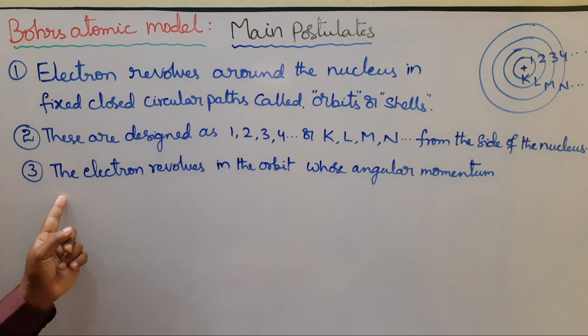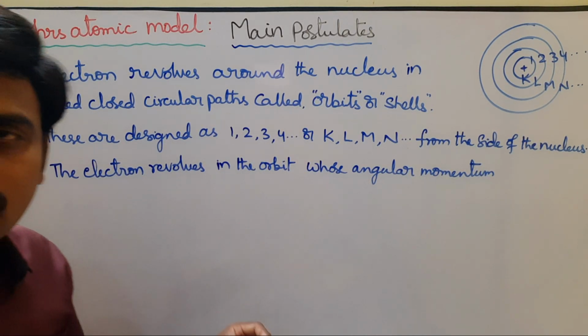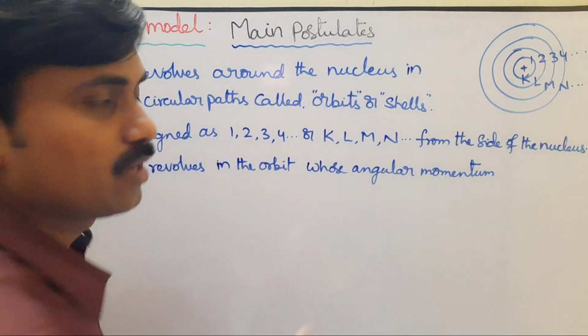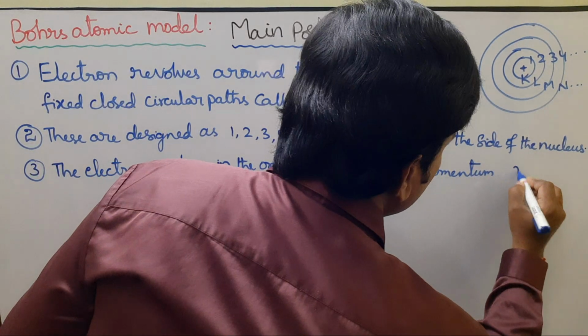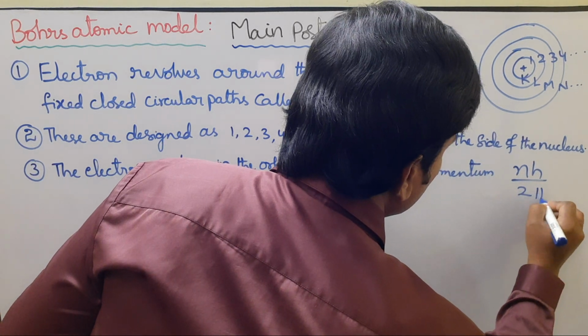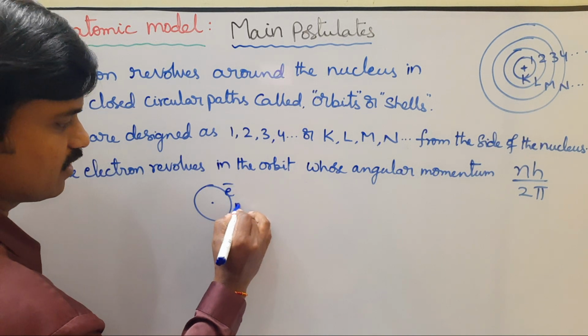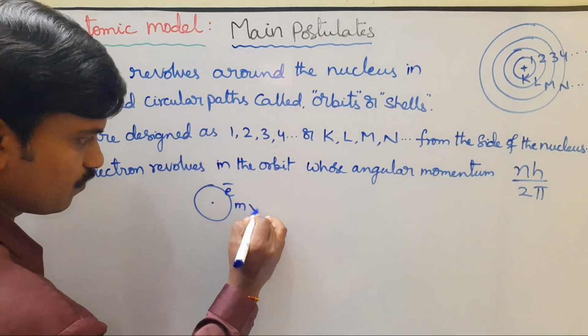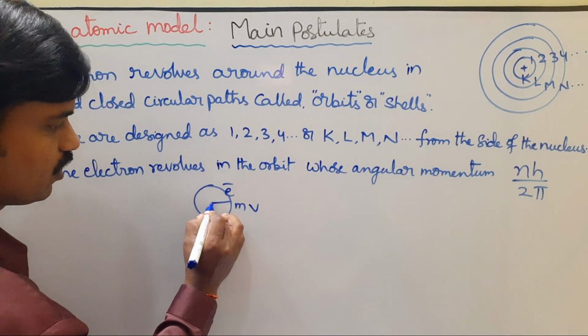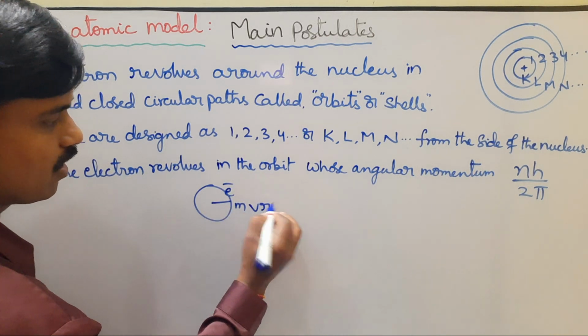Look at the next point. The electron revolves in the orbit whose angular momentum is equal to nh by 2 pi. It means the revolving electron's mass is m, its velocity is v, and the radius between nucleus and orbit is r.